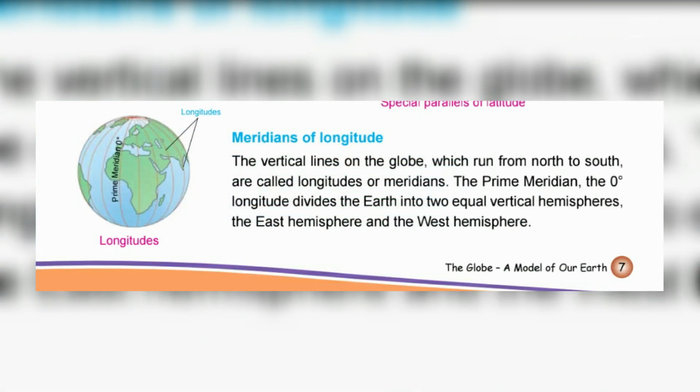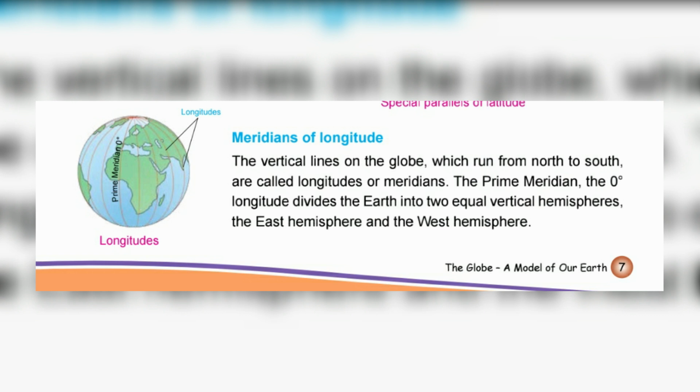Next, meridians of longitude. Another name for longitudes is meridians. The vertical lines on the globe which run from north to south are called longitudes or meridians. The prime meridian, the 0 degree longitude, divides the earth into 2 equal vertical hemispheres, the east hemisphere and the west hemisphere.